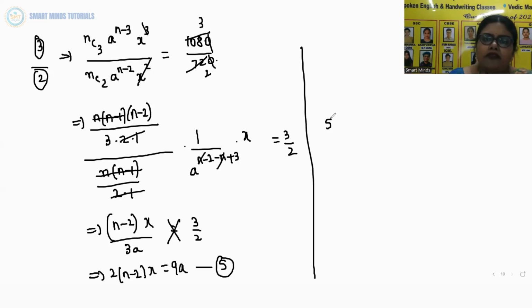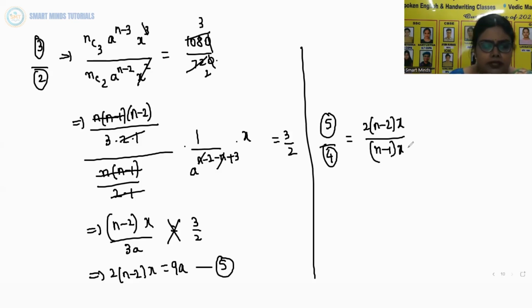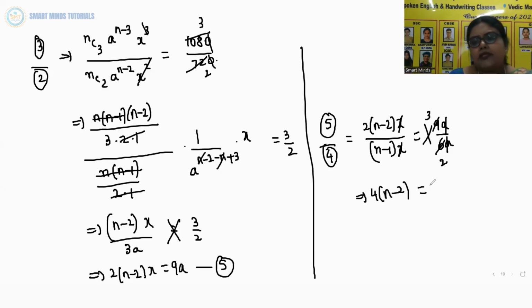Now we will divide 5 by 4. So if you divide 5 by 4, you will get 2(n-2)x by (n-1)x equals 9a by 6a. x and x cancel, a and a cancel, 3 twos are 6, 3 threes are 9. Now if you cross multiply, we will get 4(n-2) = 3(n-1).